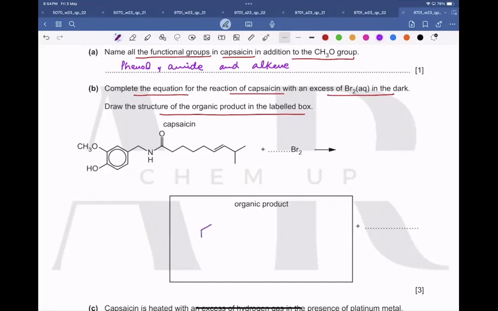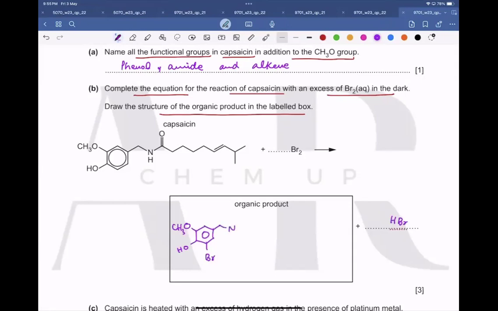As you see, we have a benzene ring, right? And on the benzene ring, we have a phenol. So on the phenol, one bromine gets substituted, because of the phenol group we don't need any halogen carrier. So the other bromine would form HBr from the bromine molecule.